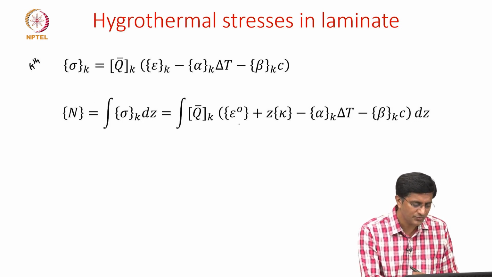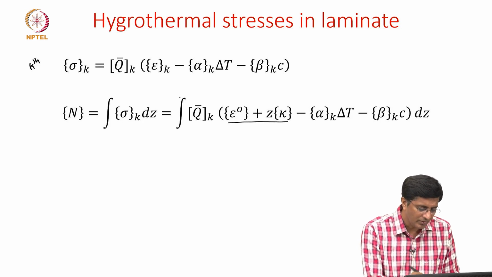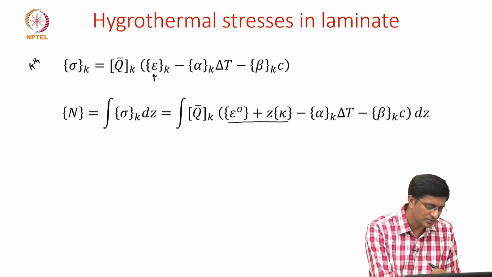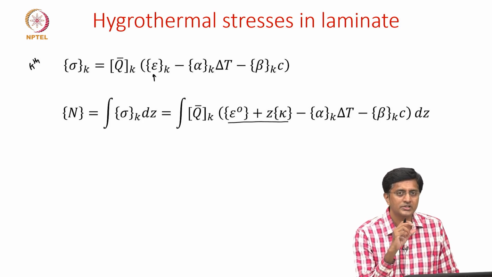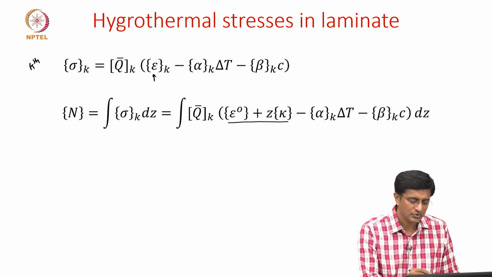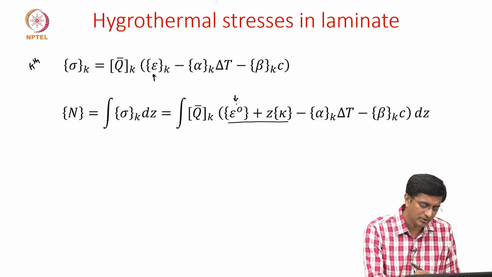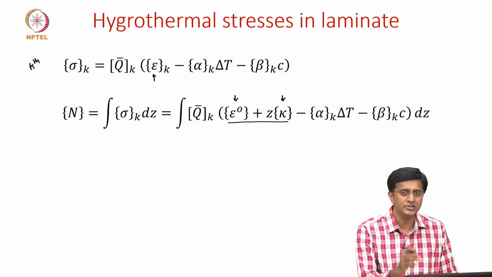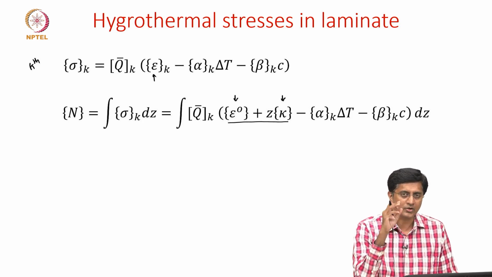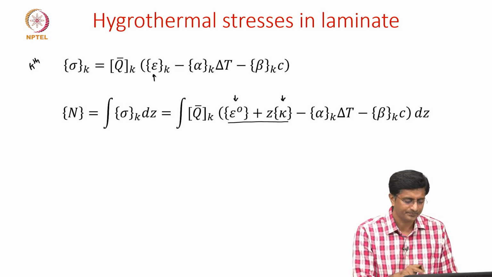And the only difference is we have substituted the strain with what we have learned for the strain variation in a laminate. Here it is written in terms of mid surface strains plus z times curvatures. So this should take care of strains across the thickness of the laminate.